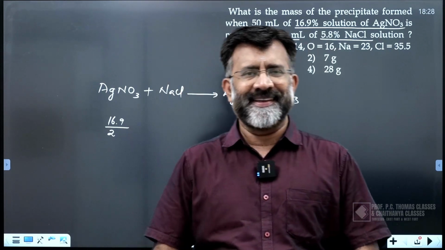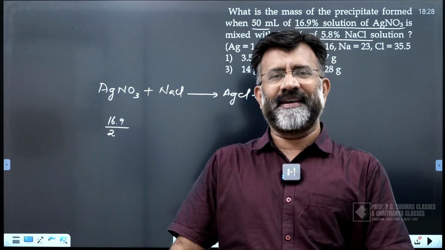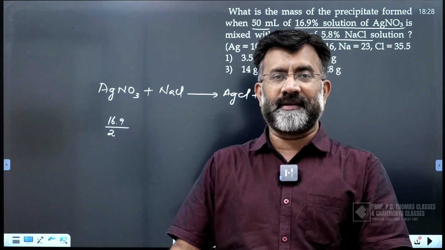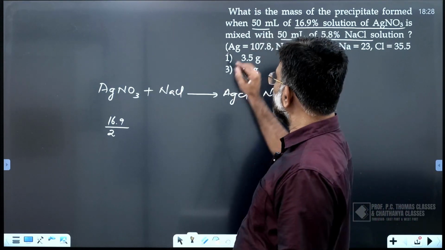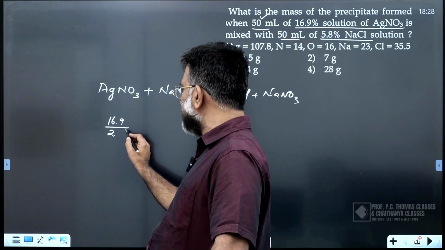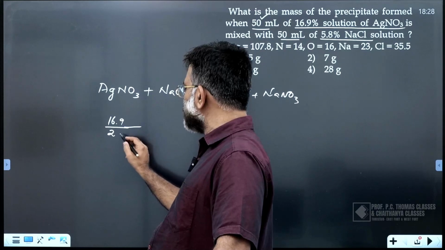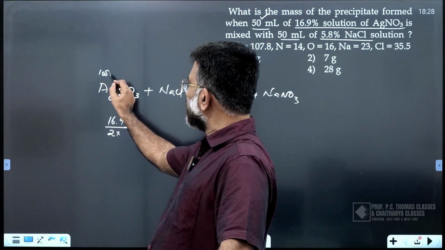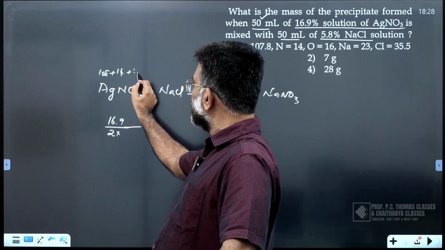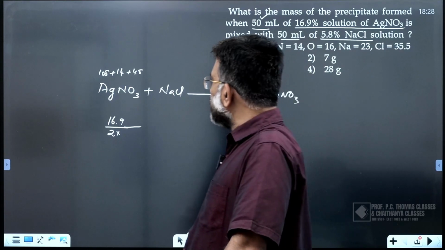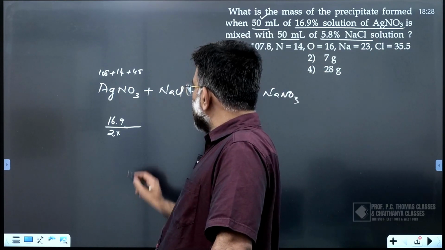Why? 16.9 percent means in 100 ml, it is 16.9 gram. So in 50 ml, it will be half of that. So it is 16.9 divided by 2. This is the mass of silver nitrate, and the molar mass of silver nitrate is 108 plus 14 plus 48, that is 170, right?